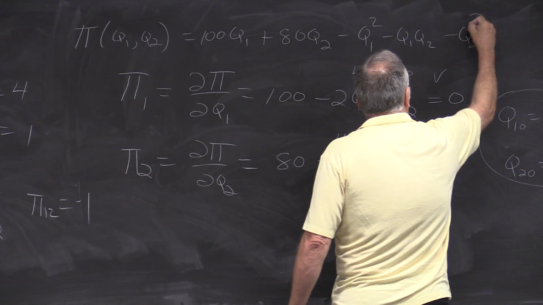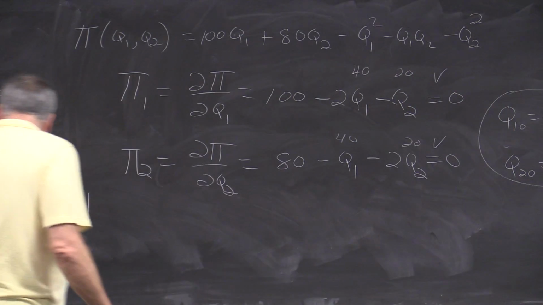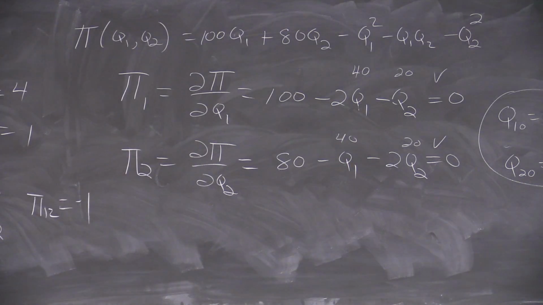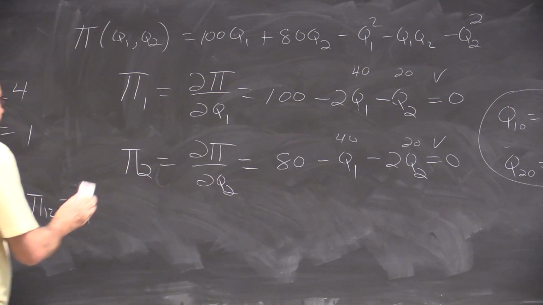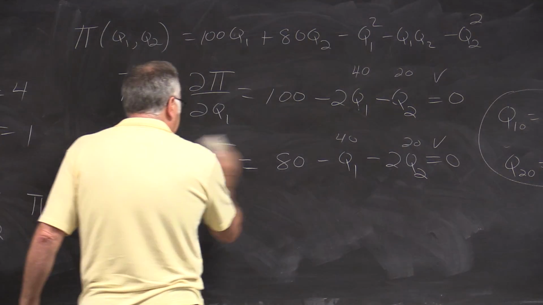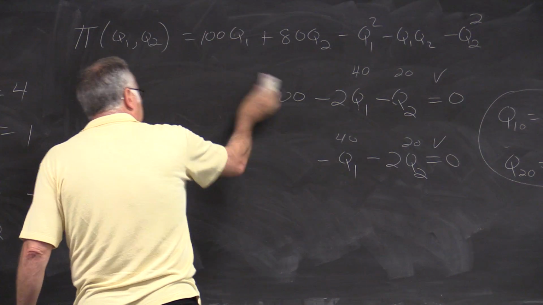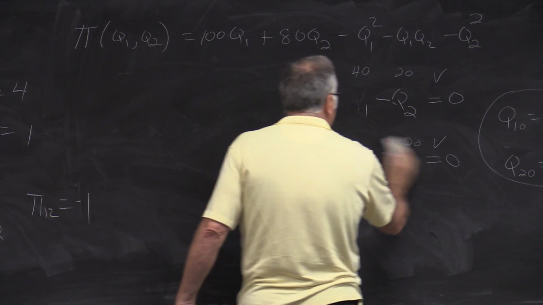Is that right? Okay, so just plug in our values of Q1 and Q2. Hopefully we'll get a positive profit. We know it's a maximum regardless. Let's see what it is.